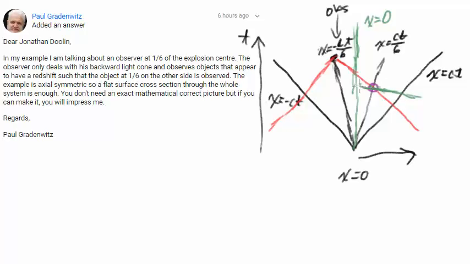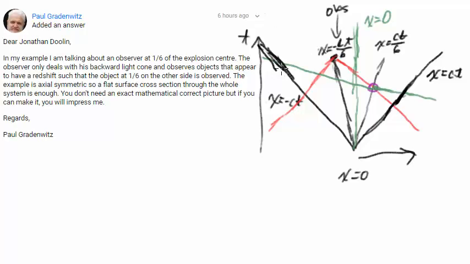So should I do that in a different color? Yeah, so with that event, that line is close to the line of simultaneity. And what that line of simultaneity does is preserve the speed of light. So what we will see is that this part of it is axial symmetric.